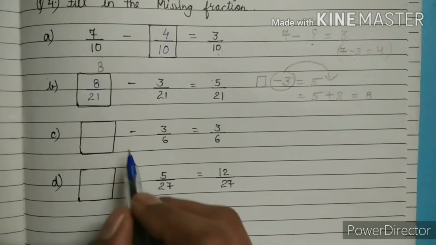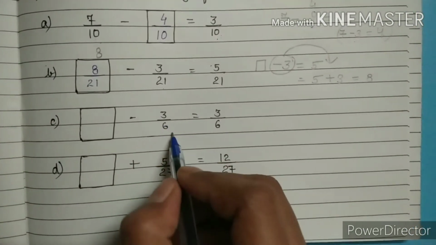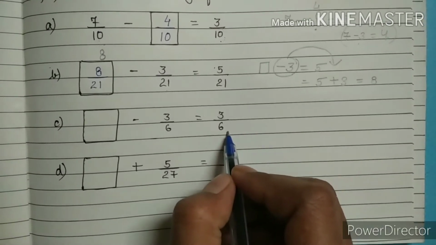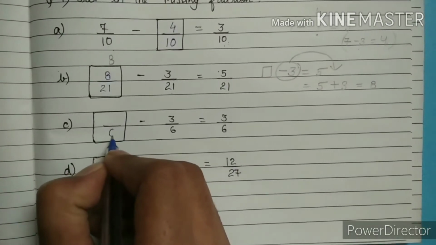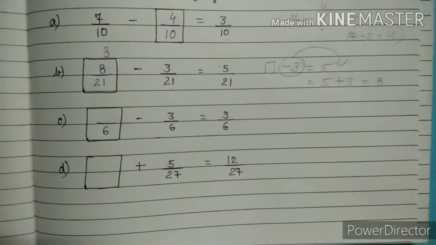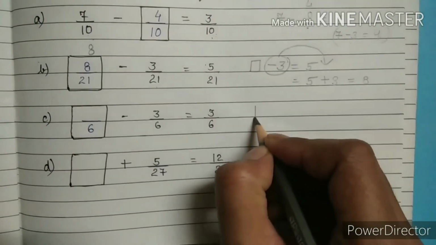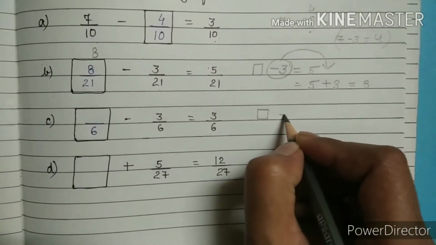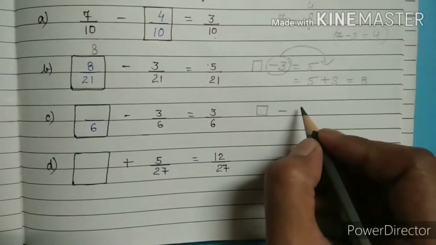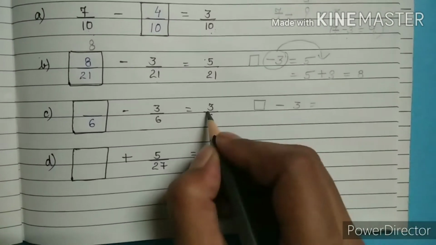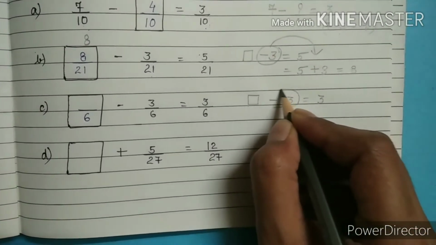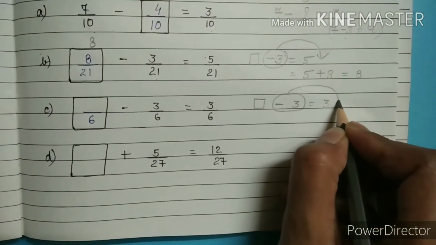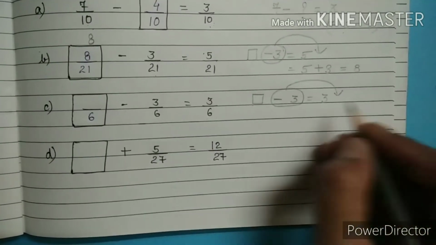Now C is fill up minus 3 by 6 is equal to 3 by 6. The same denominator is here, that's why we put 6. Same process we are going to solve. Fill up is there, the first number has the numerator 3 and in the answer we have 3. Here you can see this is negative, so it will go to the opposite side as addition.